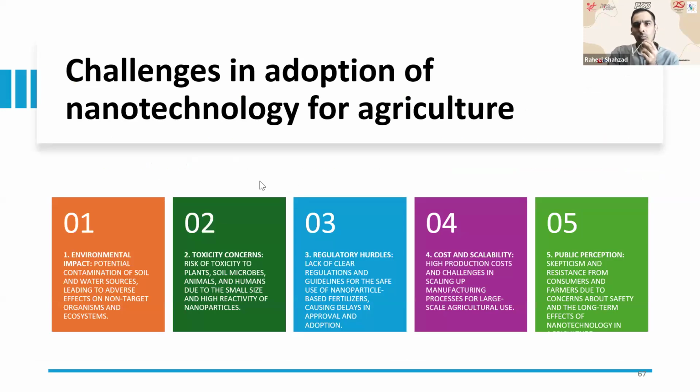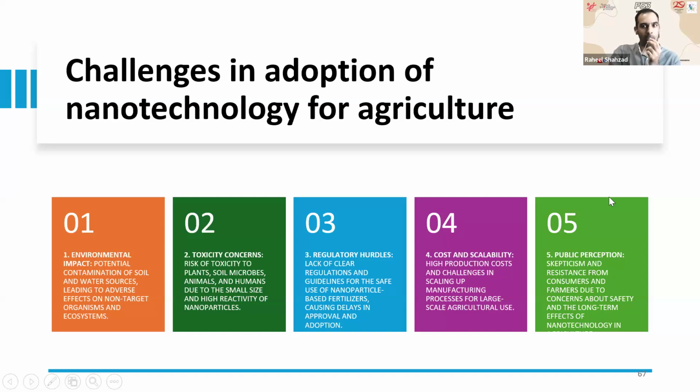But we haven't reached the final stage of using nanotechnology because there are many concerns. There are environmental concerns and regulatory hurdles, and cost and scalability are also major concerns, which will define the adoption of nanotechnology in the agriculture sector.